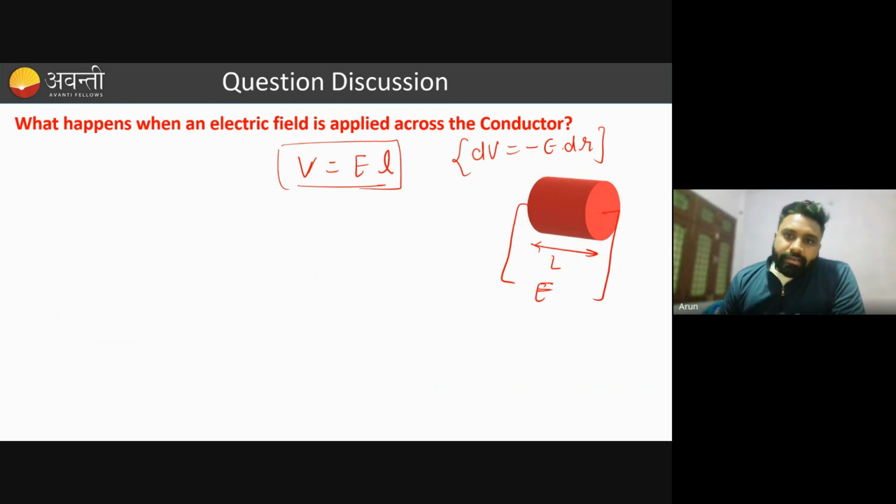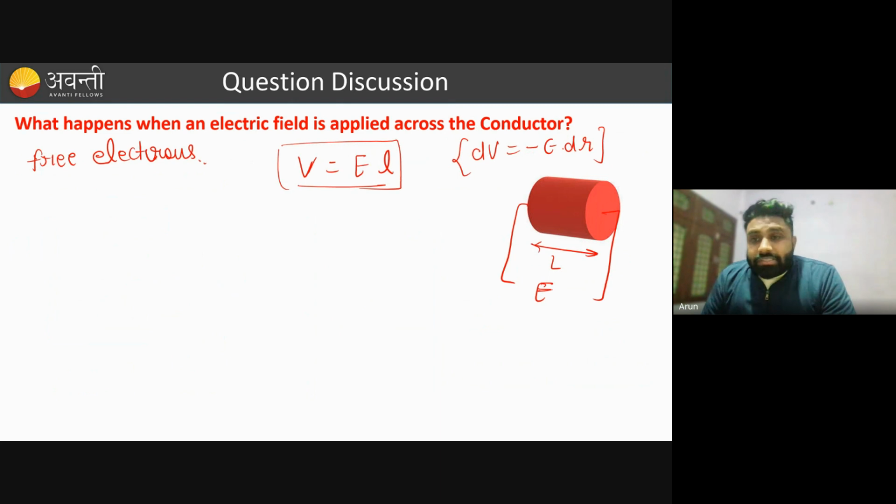But what is the catch here? For metals, since we usually take metals as conductors, there are free electrons. What will happen because of the free electrons? In the absence of an electric field, these free electrons are also wandering, moving to and fro.